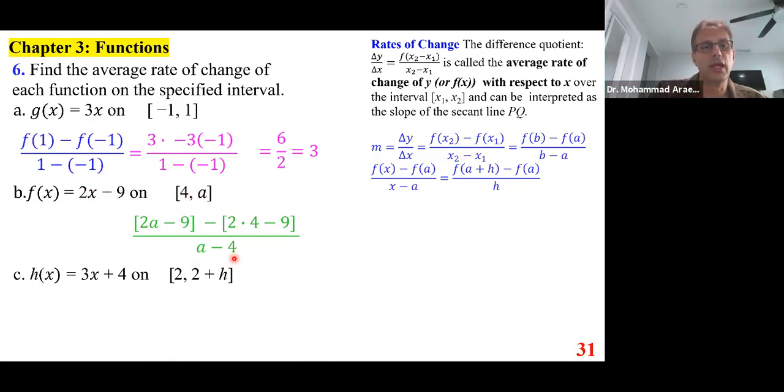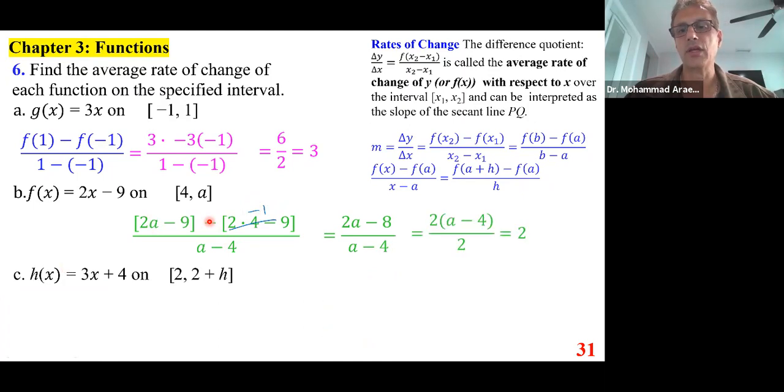So this is 2a minus 9, okay? And this is 8 minus 9, negative 1. This one is negative 1, everybody. So the numerator is 2a minus 9 minus minus, that means plus 1. So 2a minus 8. You can factor the 2 out and drop the common factor of a minus 4. It results in 2 as your final answer.